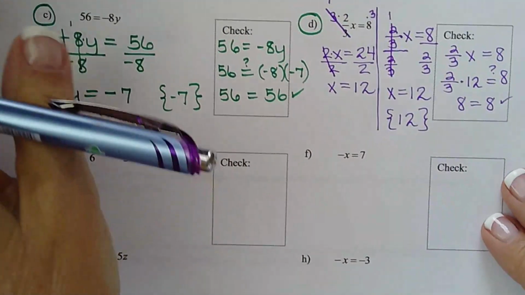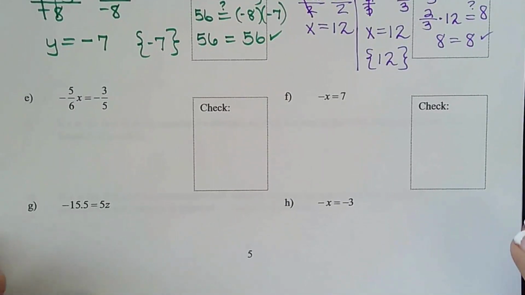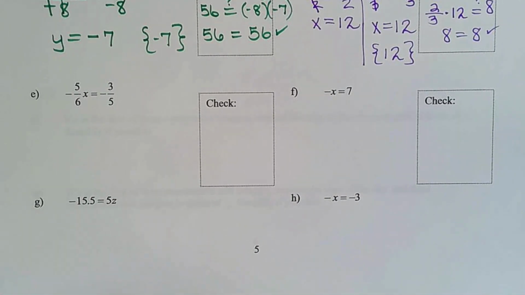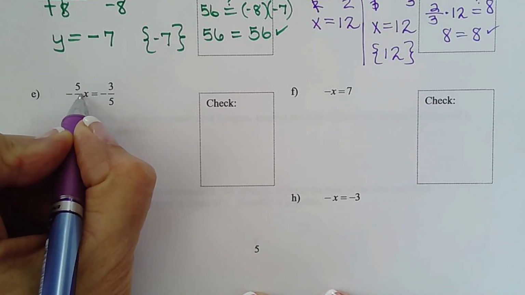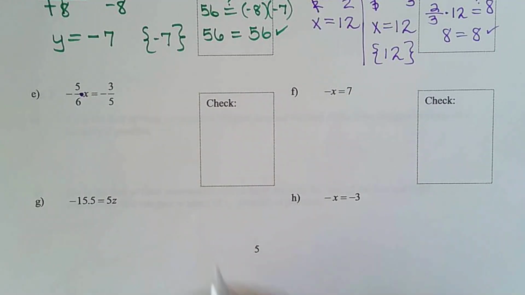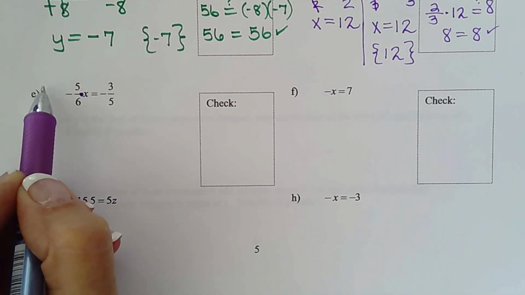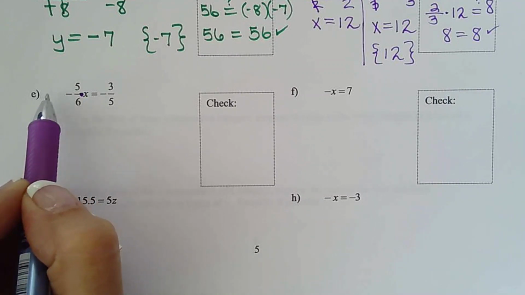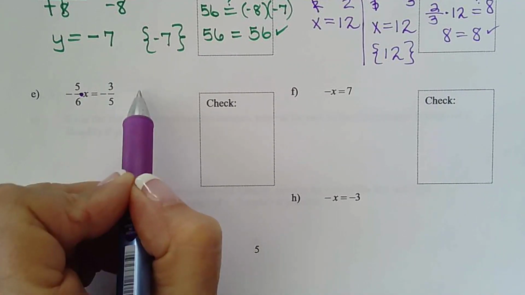Okay, let's do these last 4 and get this video over with. So we have times here. So if we want to do the calculator way, and I'm not going to do both ways, I'm going to do mostly calculator on this, but if you wanted to do the other way, you'd multiply both sides by -6/5.